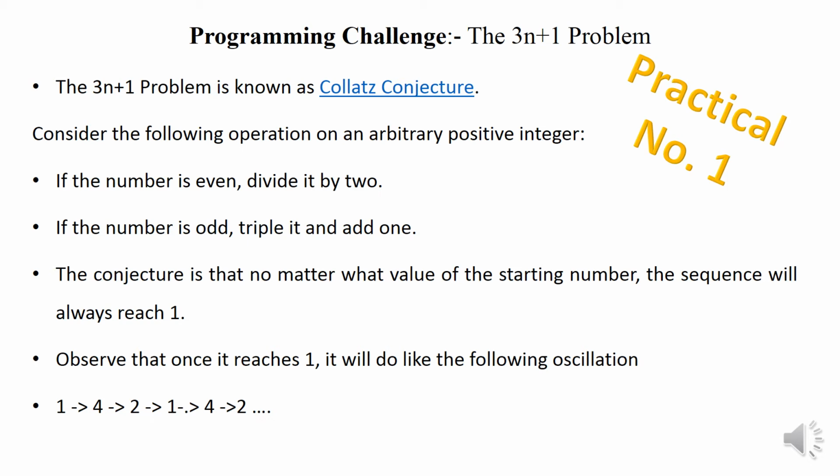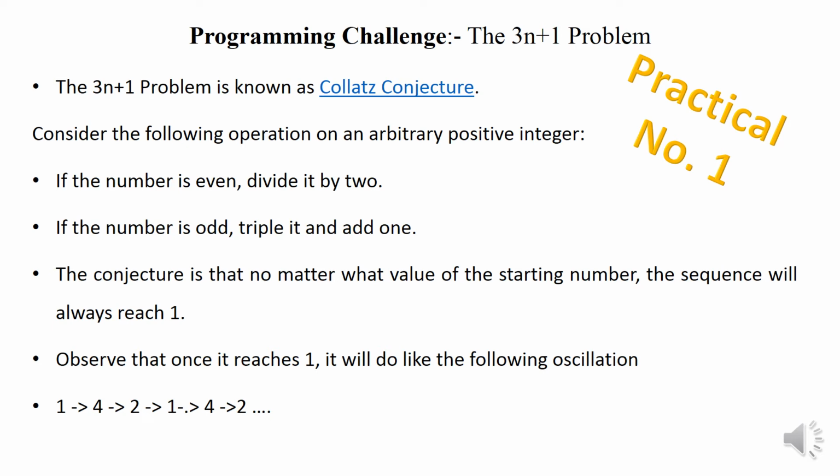The 3n plus 1 problem is known as Collatz conjecture. It is also known as the Collatz conjecture. What is the Collatz conjecture? The Collatz conjecture is simply a series. The 3n plus 1 is also a series. What is the series?